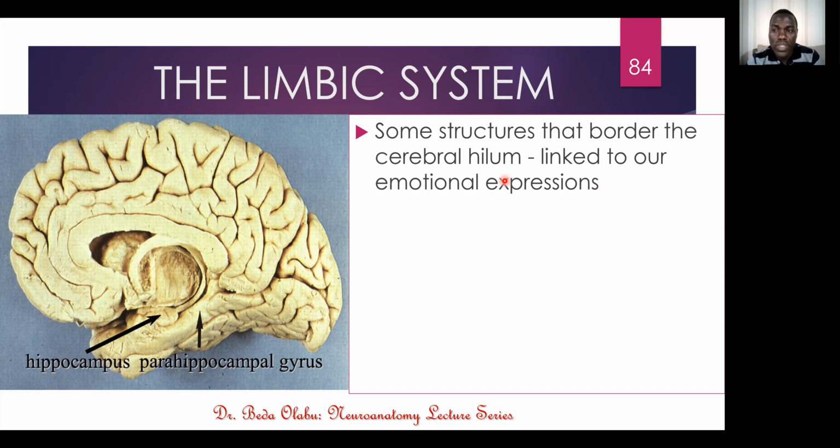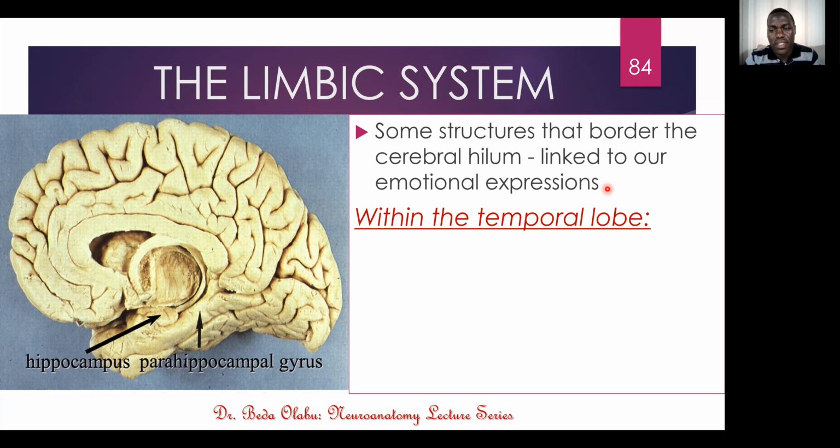Those structures constitute the limbic system. A number of these structures are housed within the temporal lobe, and that is why we are mentioning the limbic system in the temporal lobe. But in real sense, these structures actually traverse all the 4 lobes of the brain.